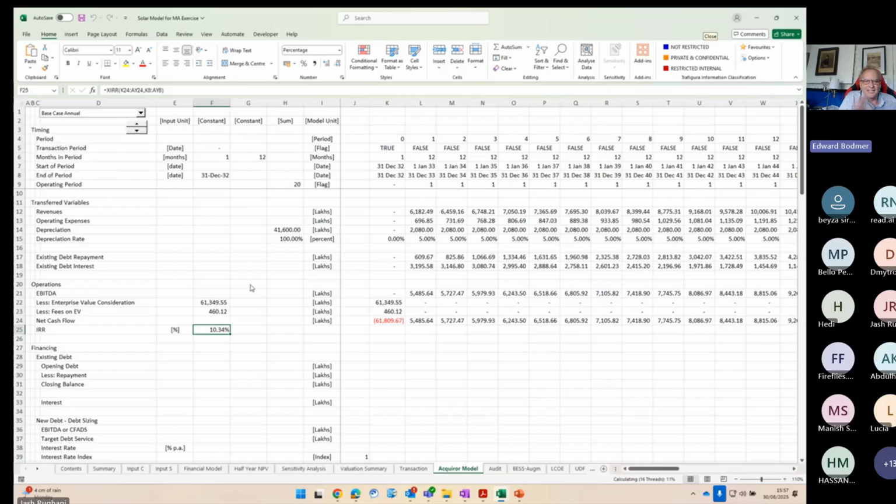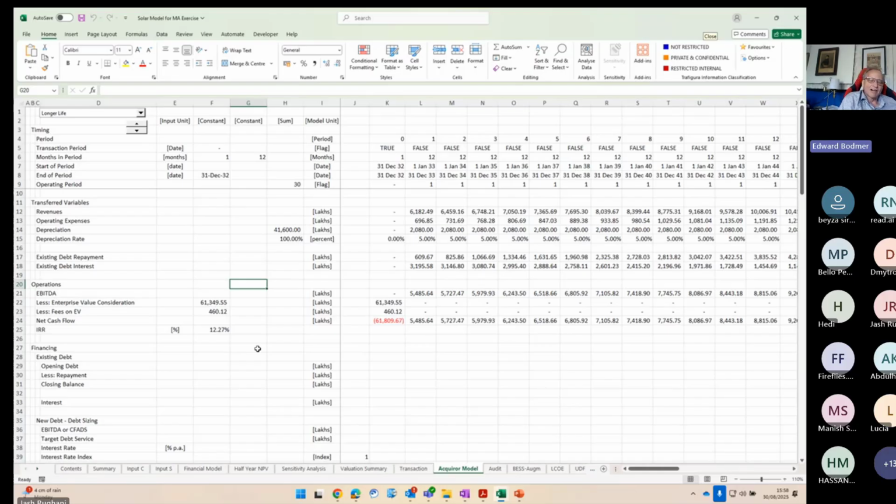You could make any assumptions you want. I'm just demonstrating some things. It's going a little slowly now because we got a lot in there, and that's how much our IRR goes up if we get this kind of synergy. You could make all your sensitivity diagrams and do all that kind of thing.